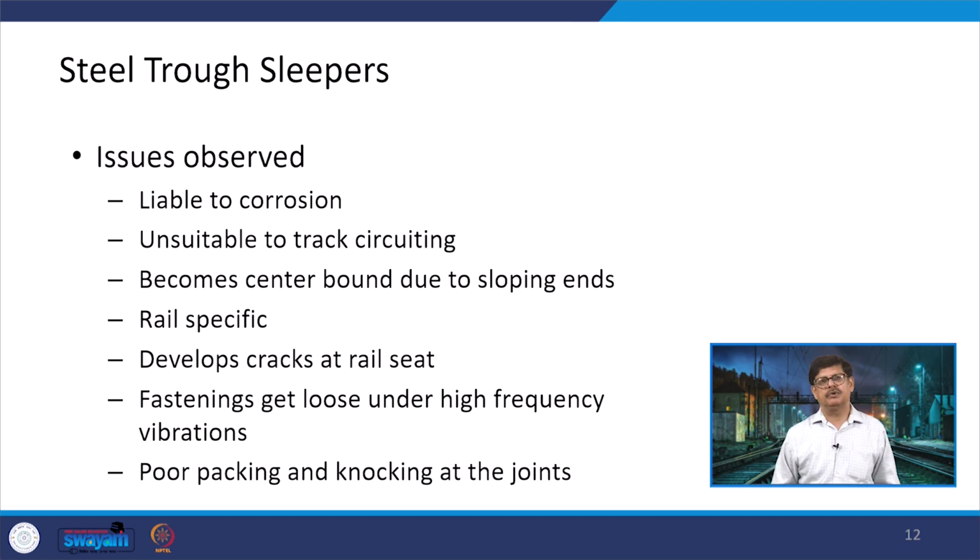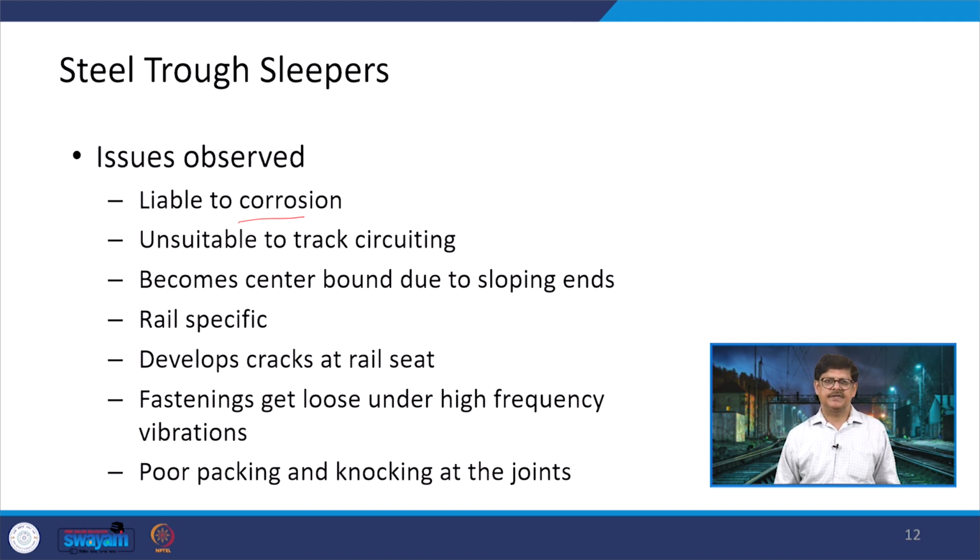The very first thing was, on the basis of the material which is being used here, it was liable to corrosion. Obviously, this corrosion condition is very specific to the location, or with respect to the meteorological conditions.